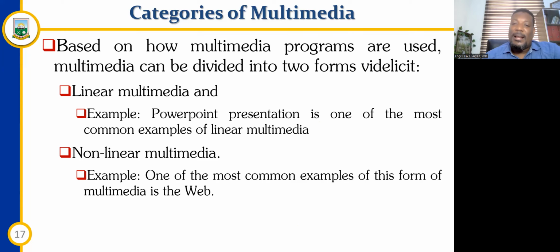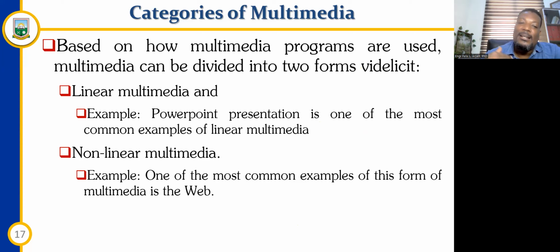So for linear multimedia, most of these multimedia that relate to linear, we predetermine the start and we also have an idea when it will end. So that is a linear multimedia.